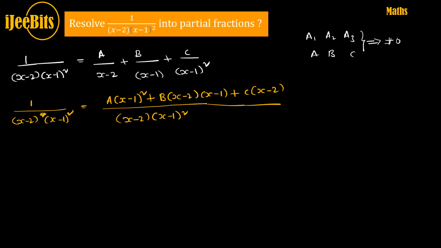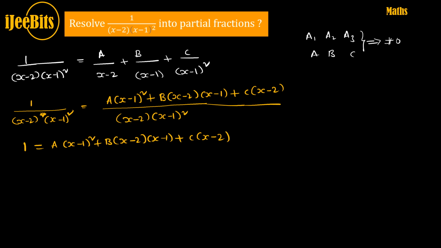Now you can compare only numerators for both cases. So 1 equal to a into x minus 1 whole square plus b into x minus 2 and x minus 1 plus c into x minus 2.